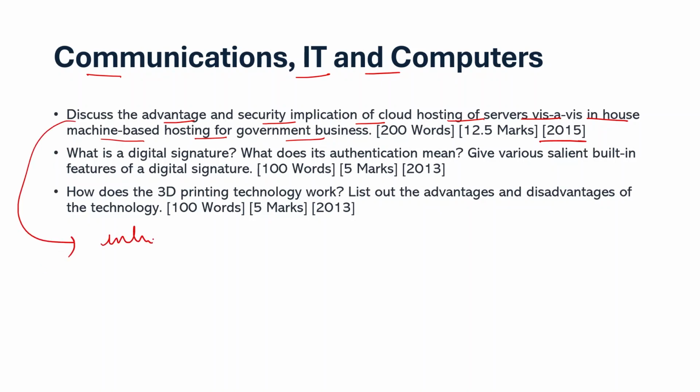You write the introduction, right? Then they are asking you about advantage and security implications of cloud hosting vis-a-vis in-house machine-based hosting. Right. So usually what is happening is, if you have read about cloud computing, hosting of servers on cloud computing is considered to be much easier.